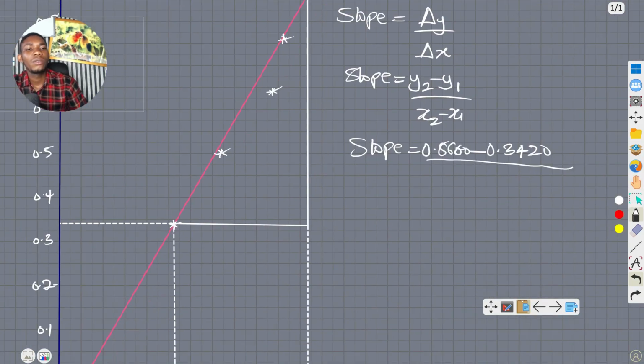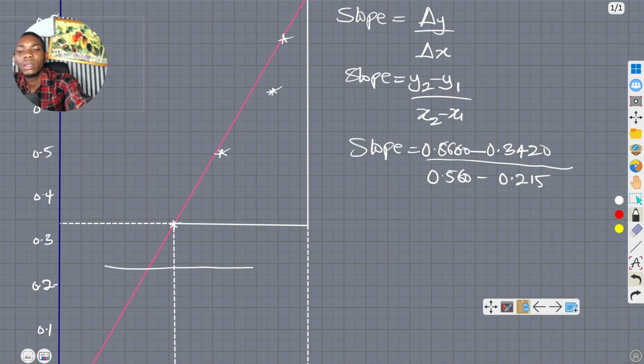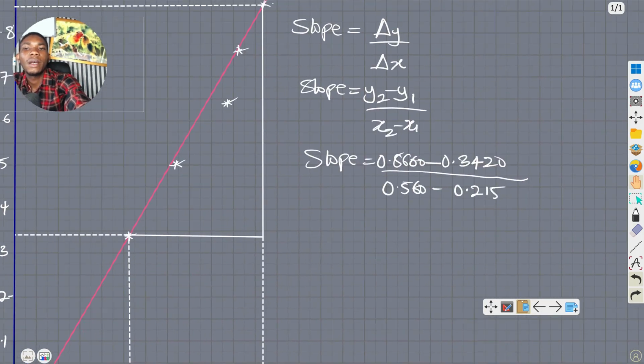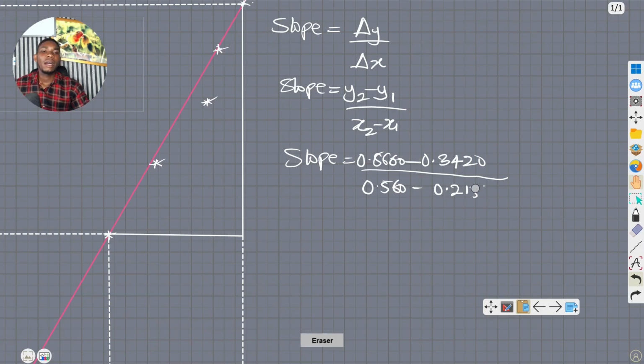You guys should know how to take slope by now. 0.560 minus 0.2615, something like that. Sorry about this one. So we have it as 0.2615.